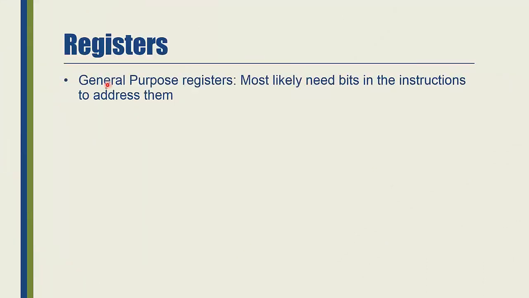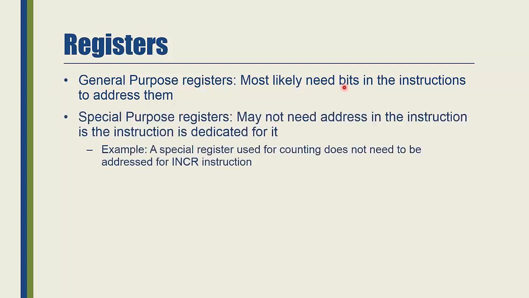If the register that we are addressing is a general purpose register, we need more bits because we need to specify which register we want to use. But if we have a special purpose register that is only used in certain instructions, we don't have to address it because the address is known from the instruction itself.